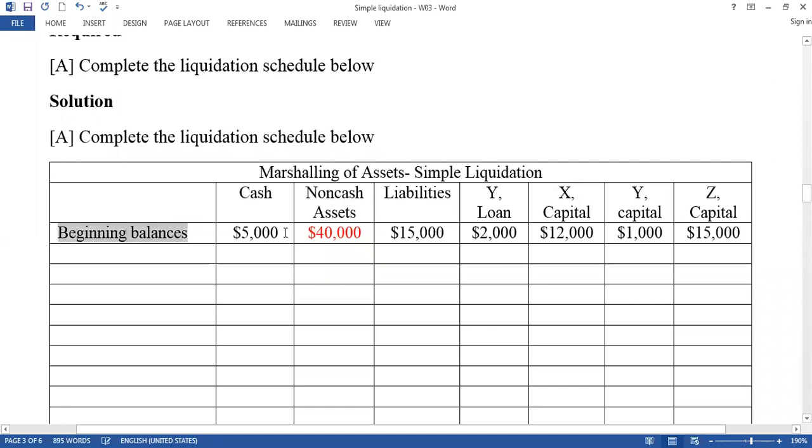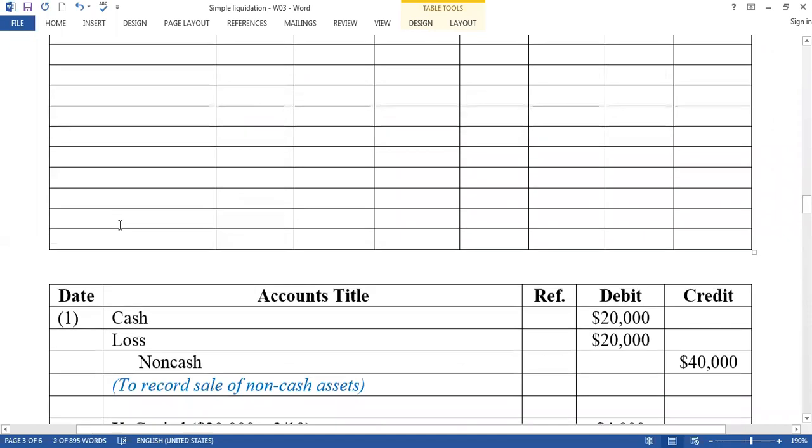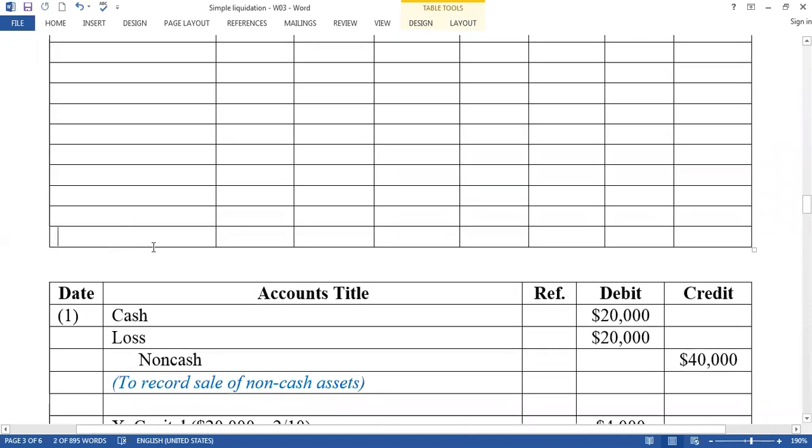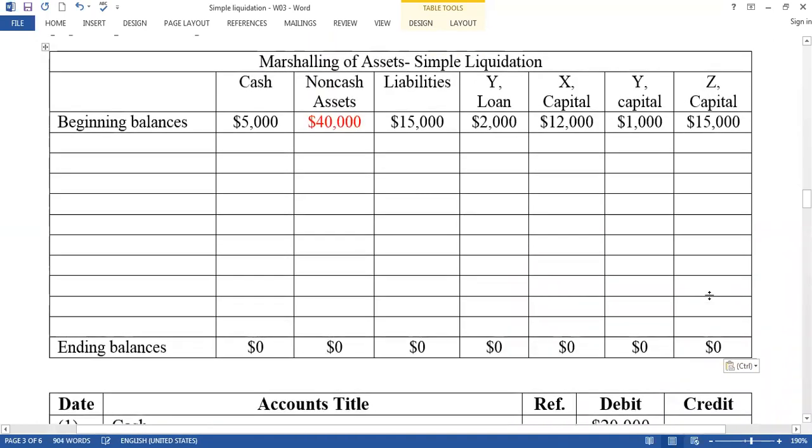Now this is the question: beginning balances. And what we know? We know that the ending balances should be 0, right?